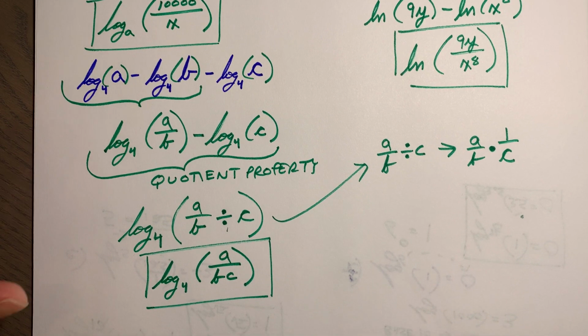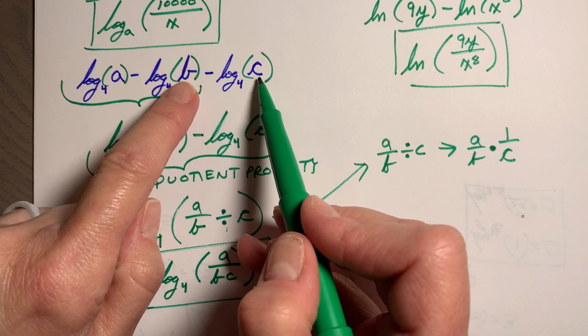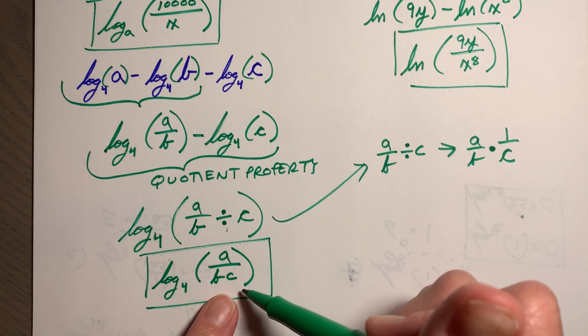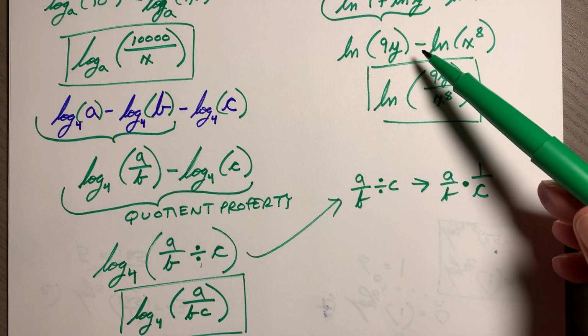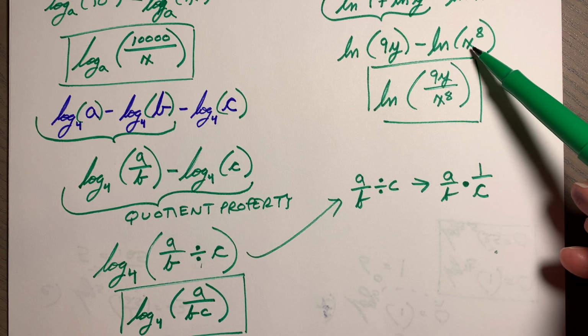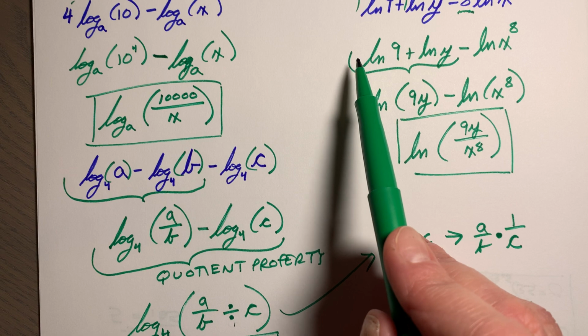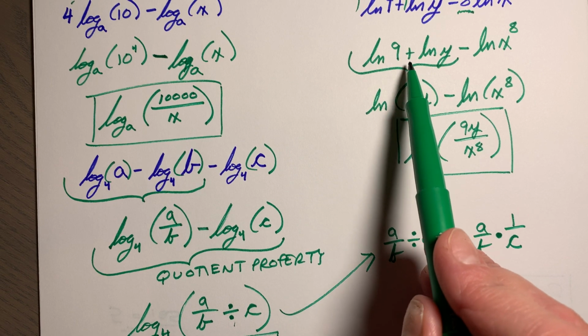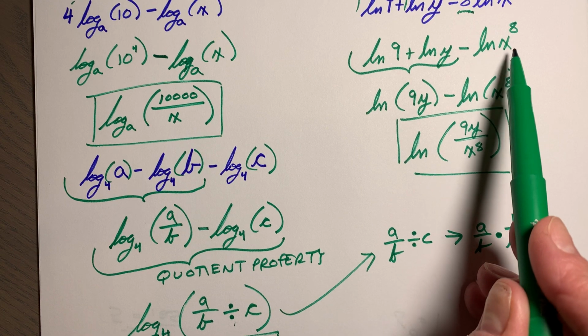Now, a shortcut here as you go along, anytime you're subtracting, those arguments are going to be in the denominator. So we saw that up here when we had a minus natural log x to the 8, right? That was the only subtraction, right? This was a positive natural log 9 plus natural log y, and then minus natural log x to the 8.